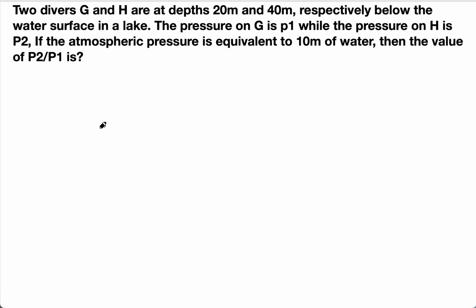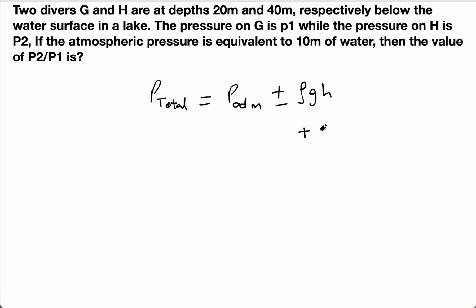This is pressure in fluid, and we need to know that the total pressure experienced by a body is the sum of the atmospheric pressure plus or minus rho gh. This is the gauge pressure. Now, when do we use the plus sign? When do we use the negative sign?